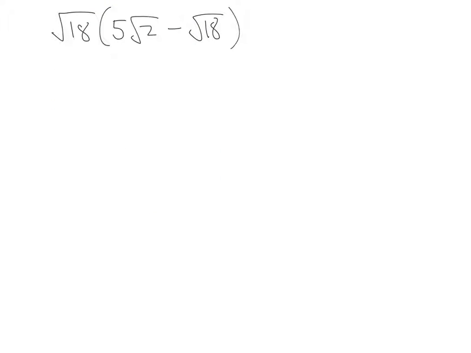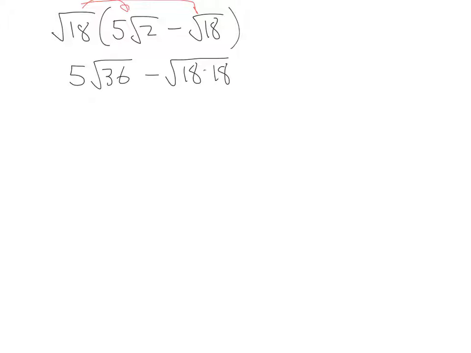Here's a very similar problem, but we're going to see that there's a little more simplifying going on. So once again, we'll do this distributing. And what we're going to get is 5 root 36. Oh, that sounds nice. And we're going to get square root of 18 times 18, which of course is also nice.